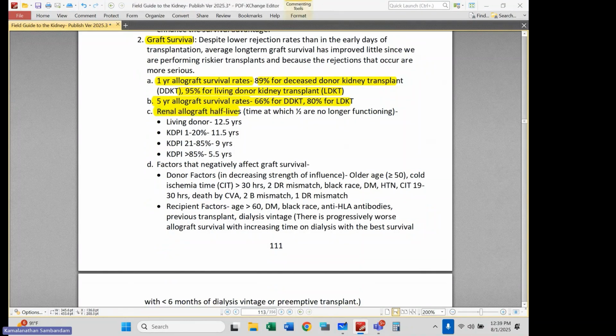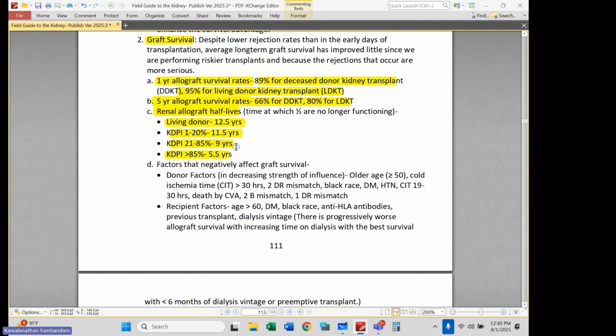Another way to convey it, which is perhaps a little less intuitive, is to convey it as a half-life, right? After 12 years, half of living donor kidney transplants are no longer working. Half are working, but half are not working. Okay, and that compares to deceased donor kidney transplants of various quality based on their KDPI scores.